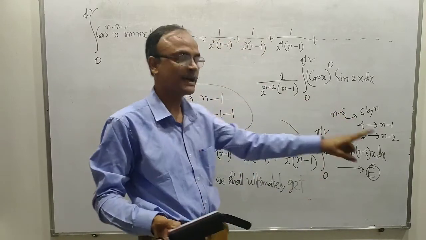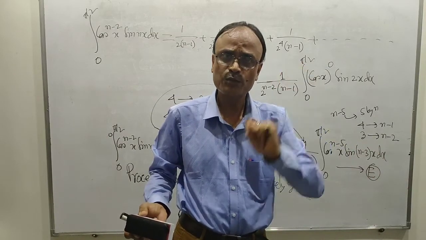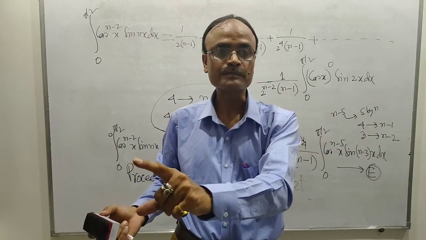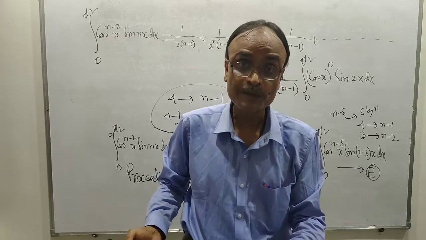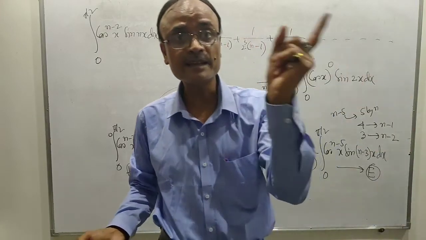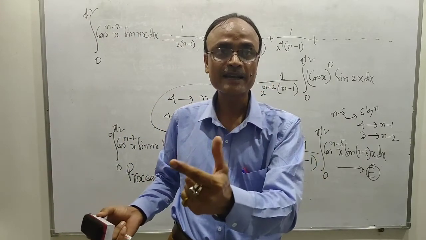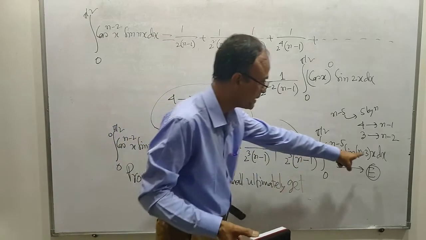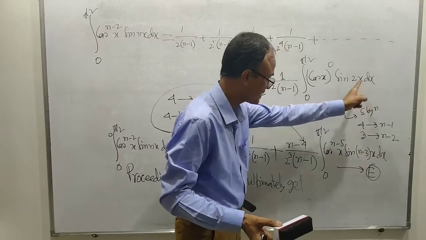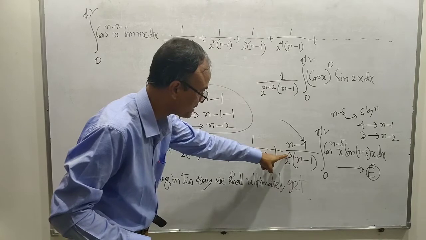If 5 is replaced by n, what will happen to 4? 5 minus 1 should be replaced by n minus 1, that means 4 by n minus 1, and 4 minus 1 by n minus 2. So 3 should be replaced by n minus 2, and you will get sin twice x.